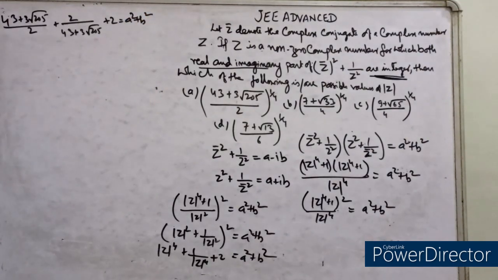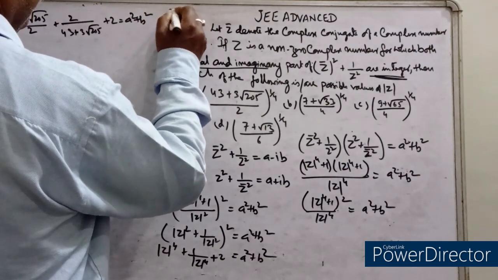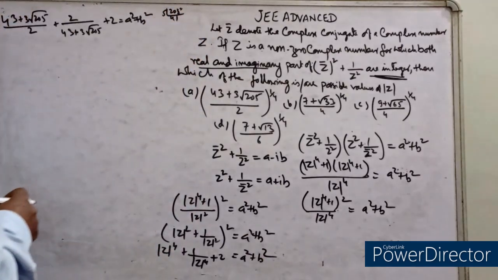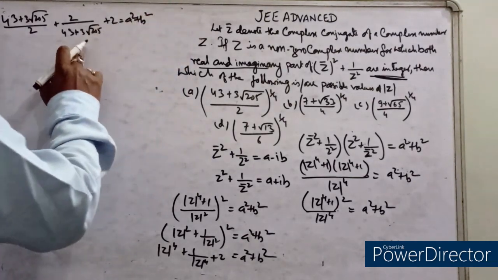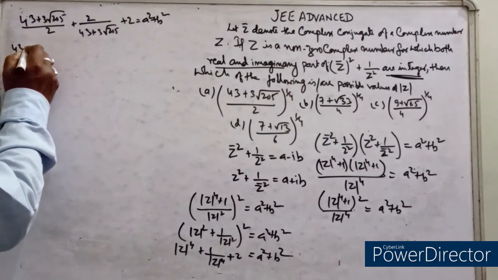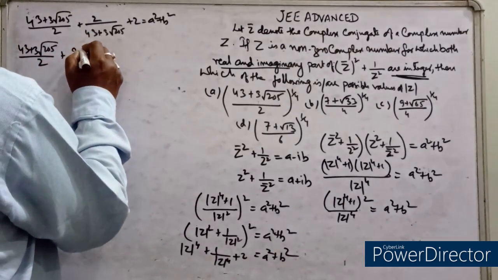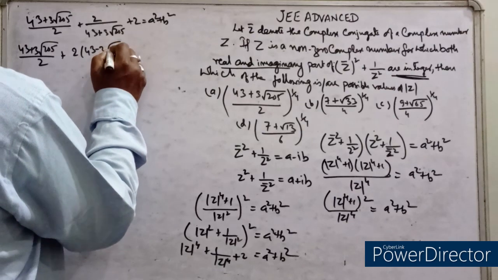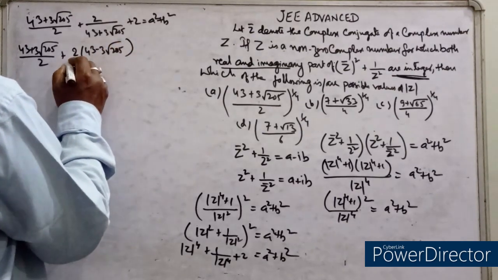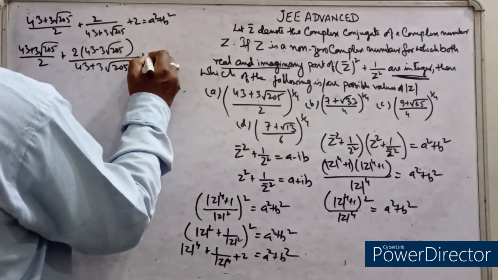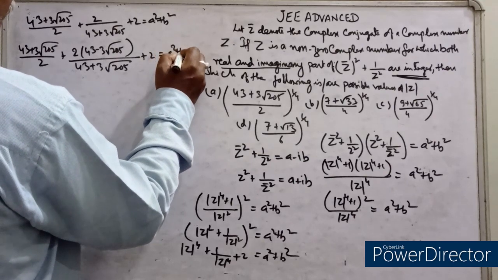Now here what I did was rationalize it. 43 plus 3√205 by 2, rationalize it: 43 minus 3√205 by 43 plus 3√205, plus 2 is equal to A square plus B square.